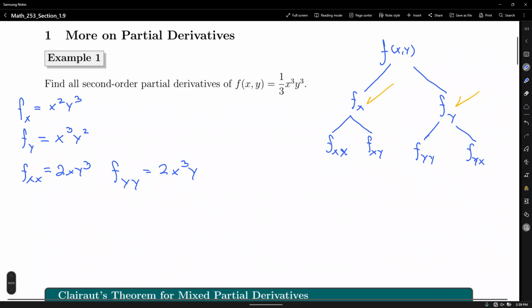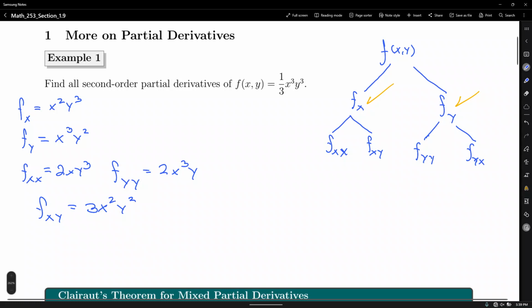What about first with respect to x and then with respect to y? Here, what we already differentiated with respect to x, we differentiate with respect to y. The derivative of y cubed is 3y squared, but because x squared is a multiple constant, it remains there.